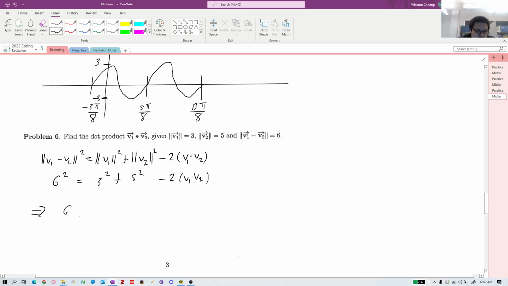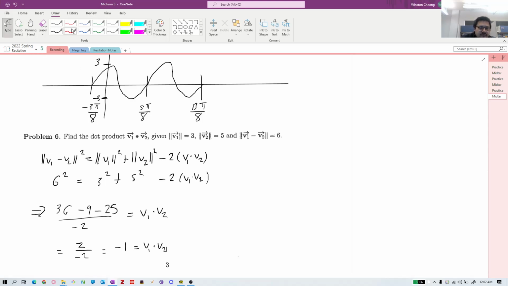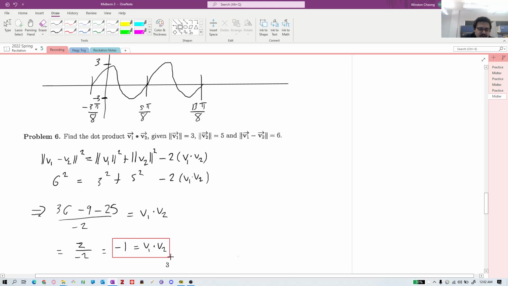Let's square the 6, we get 36, minus 9, minus 25, and then we divide by negative 2. That will solve for the quantity we're after, v1 dot v2. Doing the subtraction, it's 2. So you get 2 over minus 2, which is equal to minus 1, which is equal to v1 dot v2. So I'm going to box it like that.